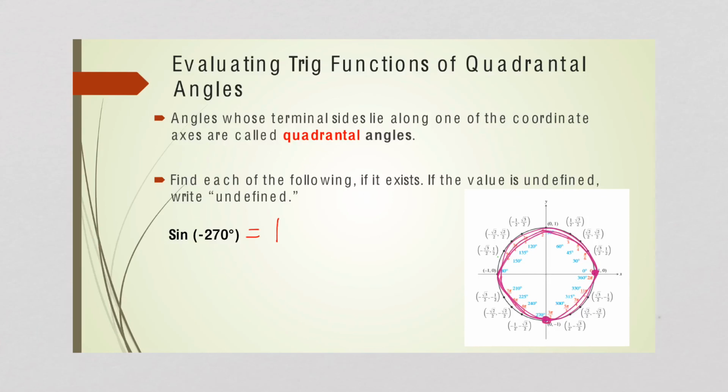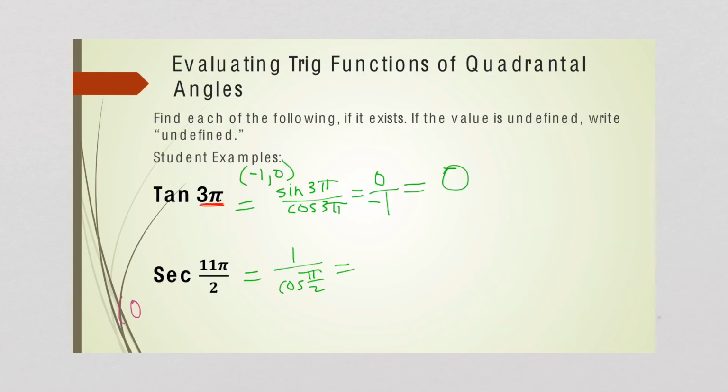And that actually ends me up down here at 270 degrees, whose point is 0, negative 1. So 1 over the cosine, well, the cosine is 0. Can I do 1 over 0? No, I can't. I cannot divide by 0. So this is undefined. That's why we have that caveat in the directions. It says, if it does not exist, write undefined. So anytime you end up with something that's going to divide by 0, you need to write undefined.